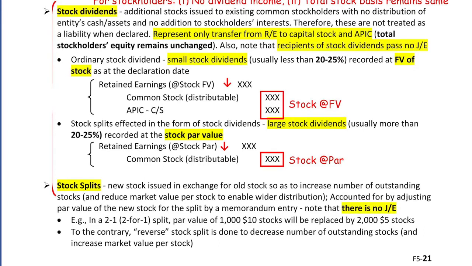Now I want you to put a bracket for stock dividends and stock splits and right there, total stockholders' equity is constant. In case of stock splits, there is no journal entry. In case of stock dividends, we have journal entries, but both the debit and the credit are components of stockholders' equity, such that the total stockholders' equity remains unchanged.